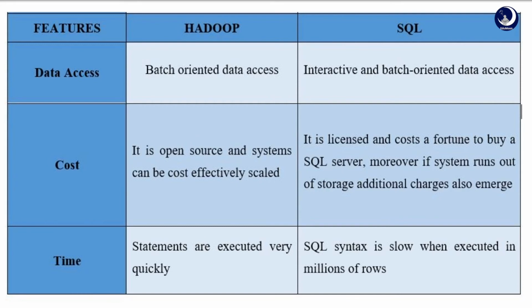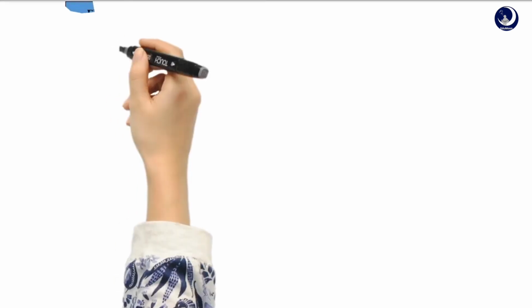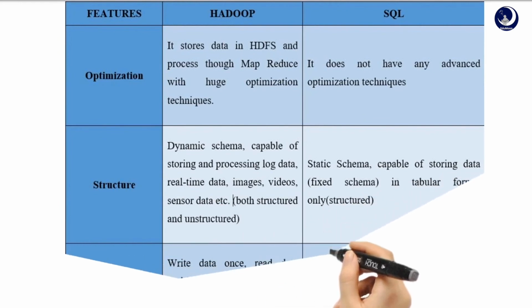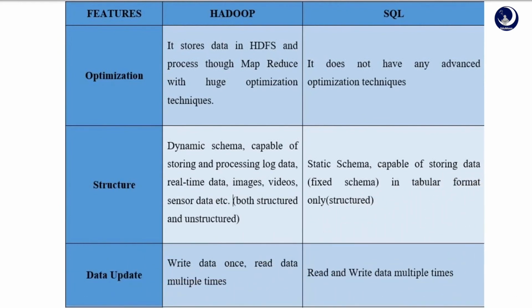Statements are executed very quickly in Hadoop, whereas SQL syntaxes are slow when executed on millions of rows. There are huge optimization techniques as the data is processed through MapReduce and stored in HDFS, whereas SQL does not have any advanced optimization techniques.